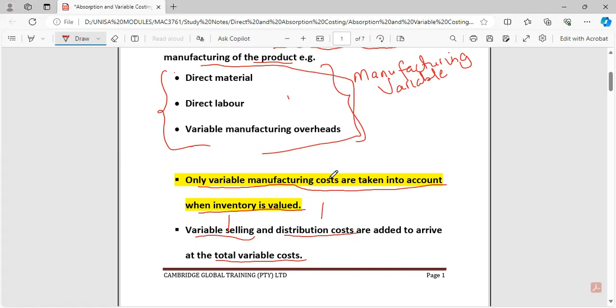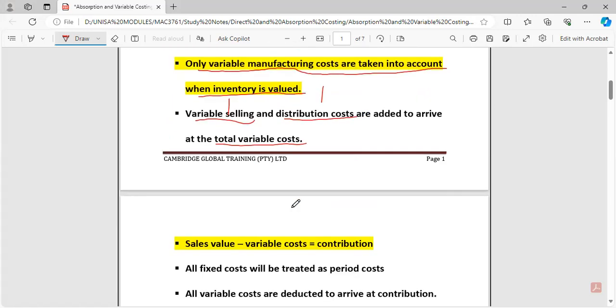That's another thing that we should always look at when we are doing our questions. It's very important to start with the manufacturing so that when you do your inventory valuation, it's going to be easy. You will see when we do inventory valuation in a question.